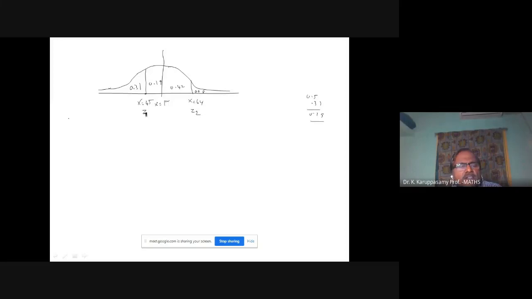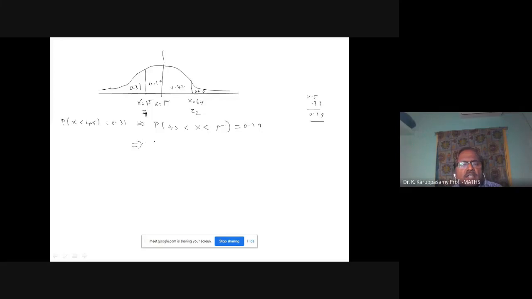Let us convert the given information in terms of Z1. Probability of X less than 45 is equal to 0.31, which implies probability of 45 less than X less than mu is equal to 0.19.